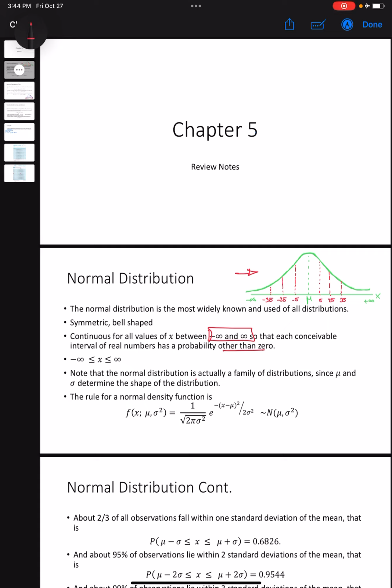Note that the normal distribution is actually a family of distributions, since mu and sigma, the standard deviation, determine the shape of the distribution.